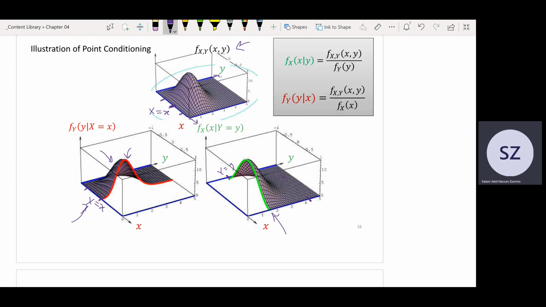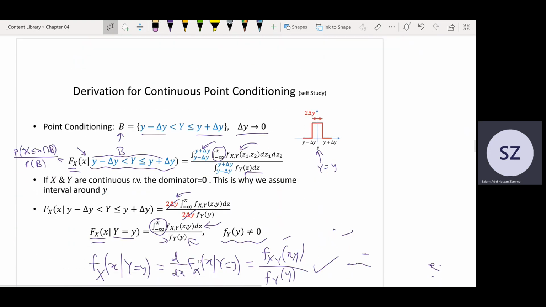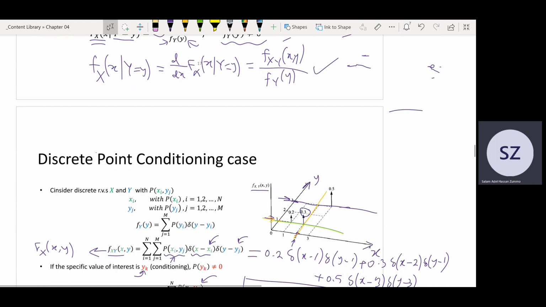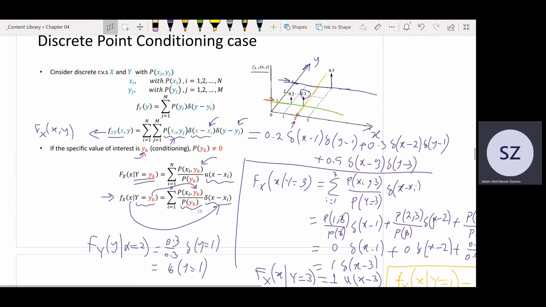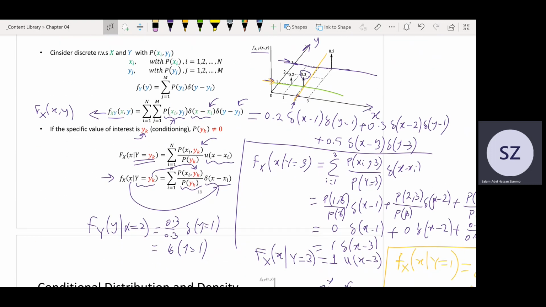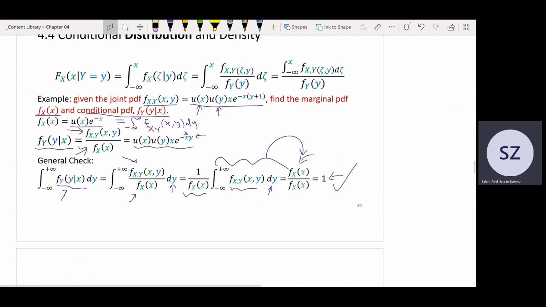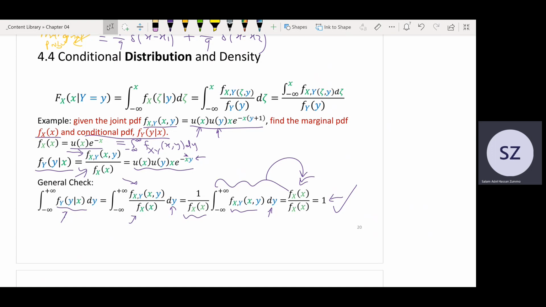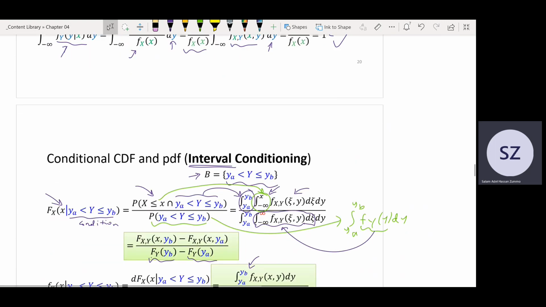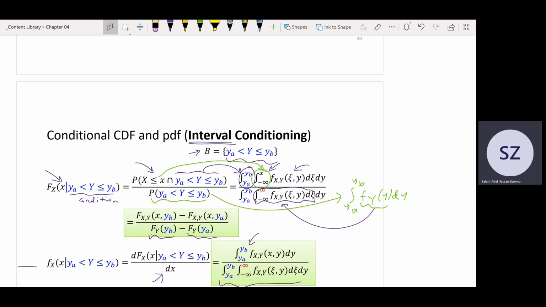And as we said, in the continuous domain, the examples are always a little bit difficult to find. However, in the discrete case it was much easier to visualize and find, and we took several examples of this. That was the conditional PDF and CDF when we have point conditioning, conditioning at a specific value of x or y.